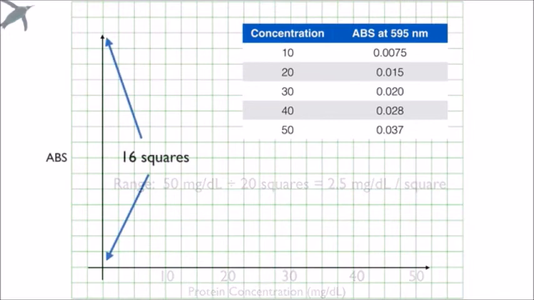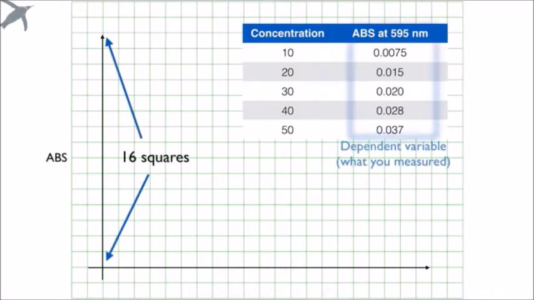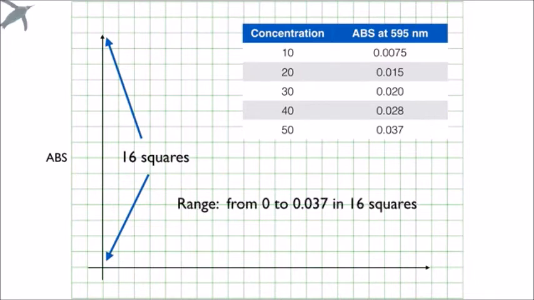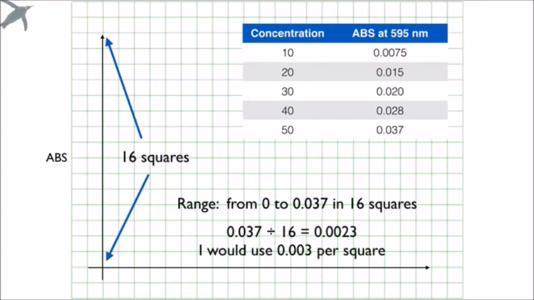So it's the Y that is ugly. I've got 16 squares, and I've got to figure out how to graph my absorbance data. Now, 0.0075 is very, very close to 0, so I'm going to use as a range from 0 to 0.037, and I've got 16 squares to do that. So what I do is I divide the range by the number of squares that I have. That gives me 0.0023.